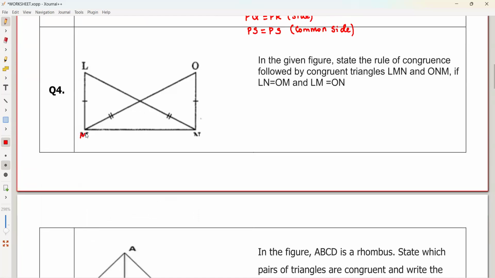This is M. This is N. So we have to state the rule of congruency followed by the congruent triangles. Triangle LMN is congruent to triangle ONM, like this is given, right? This triangle LMN and OMN.